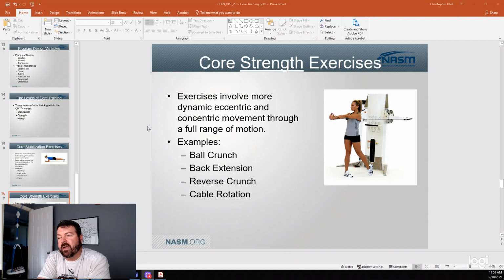Making sure that all of these are done with control. So when you do that crunch, make sure you're going up and down with some kind of control, normal tempo. Don't just go up really quick and fall back down. You need that eccentric motion, and you need to go through that full range of motion as well.